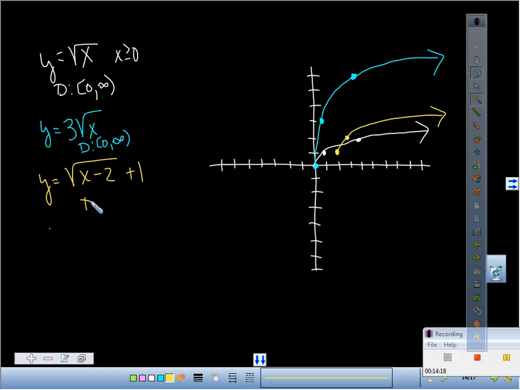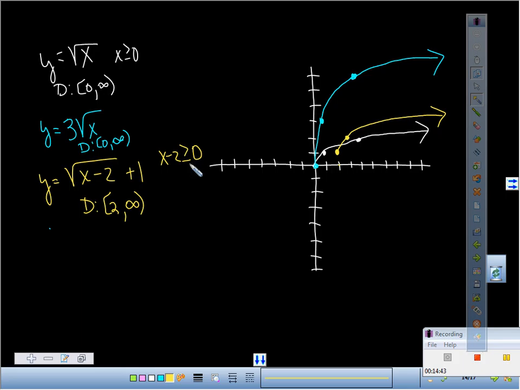Now, look at that picture and tell me what his domain is. 2 inclusive all the way to infinity. Now, what if you didn't look at the picture, but you remembered what Miss Davis taught you? She said, take what's under the radical, x minus 2, and say it must be greater than or equal to 0.